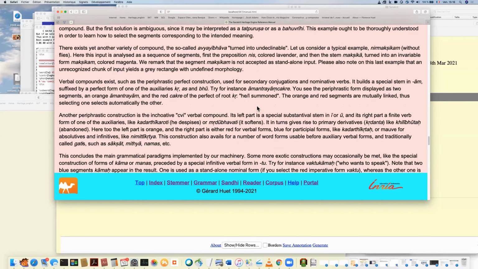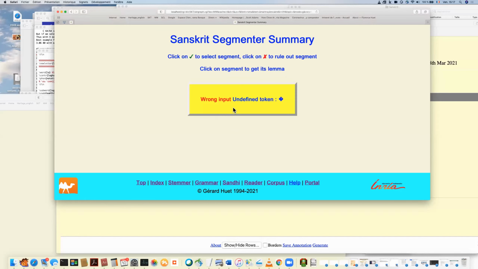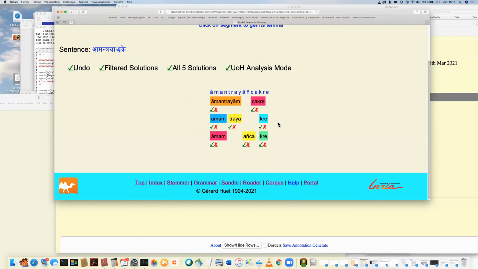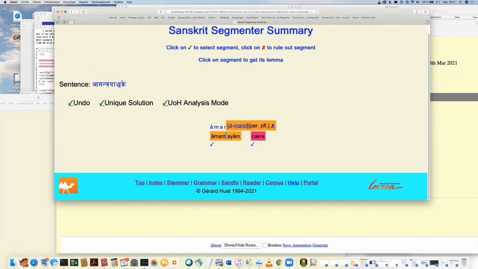Okay, so I say try, for instance, amantrayam cakre. Here, if you try it, what happened? Okay, so amantrayam cakra. This is periphrastic.